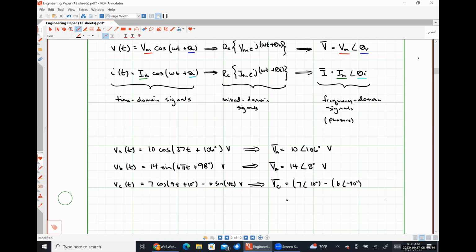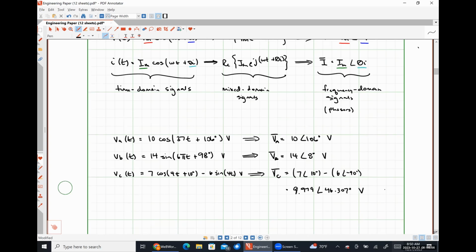Throw that in my calculator. And I get 9.979 with an angle of positive 46.307 degrees. So we definitely don't do the math in the time domain. Cannot make that clear enough.